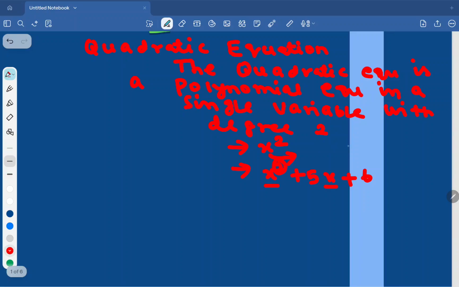Both are quadratic because of power 2. This one is an example for quadratic, and this one is also an example for quadratic.